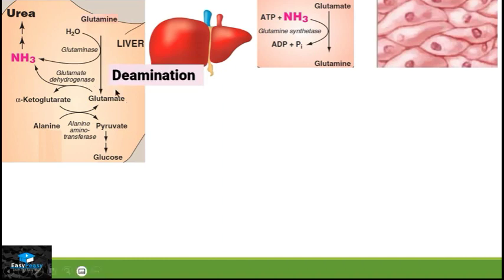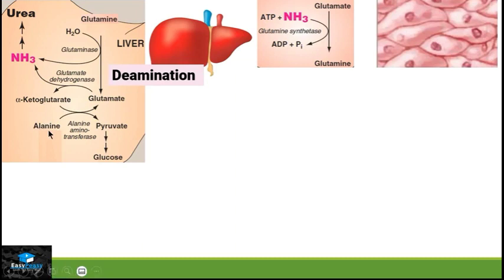So in this state, I've established how glutamate is formed. This glutamate cannot move within the blood, so it has to be converted. The glutamate takes up another amino group, NH3, to form glutamine.